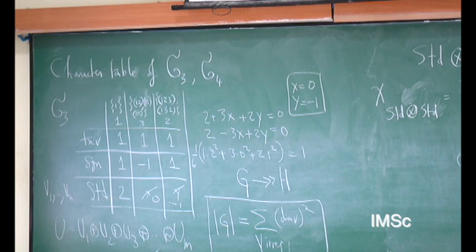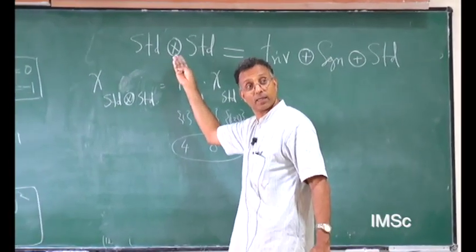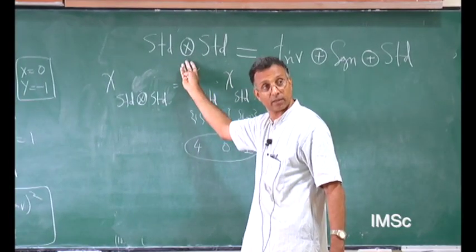But sir, how will this three direct sum with the inner product work? From this, chi of trivial is getting 1. So how will it be trivial direct sum of sign? In sign, you again got 1. So why are you writing this direct sum of sign? No, by Maschke's theorem, this must break up as a sum of irreducible representations.